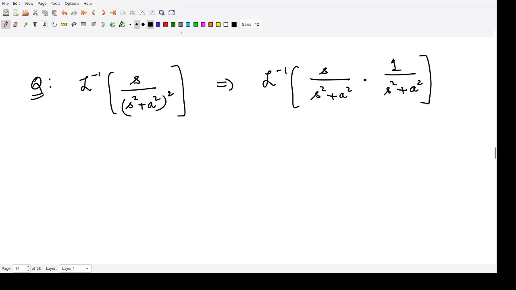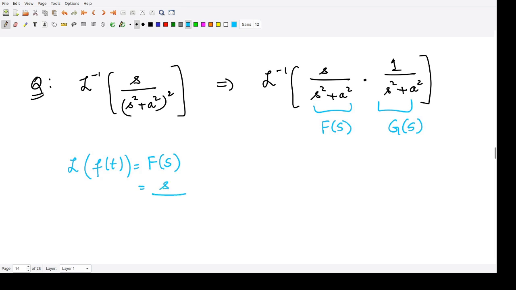So you can call this function f of s, and this function g of s. Because your f of s is the Laplace transform of f of t, that is capital F of s, which is equal to s divided by s square plus a square.